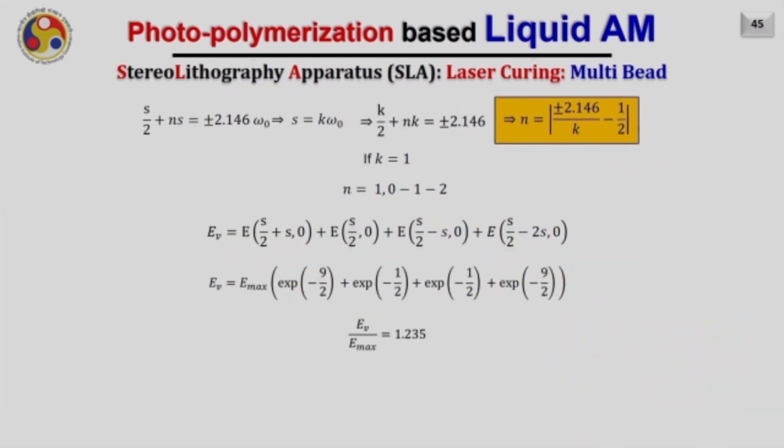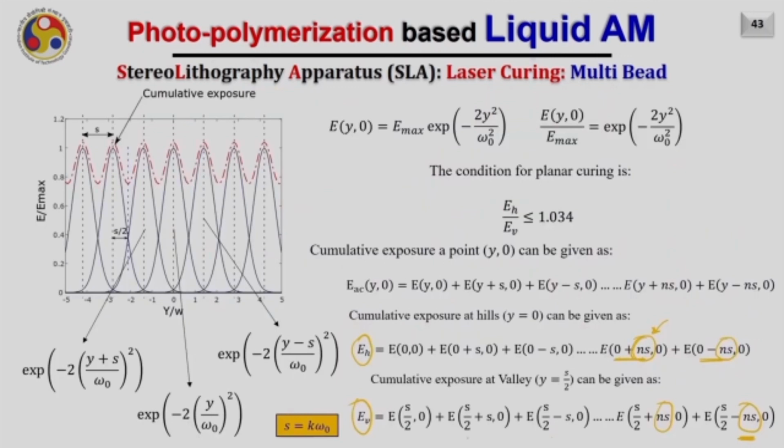In a similar fashion, you can find out the value of n when we are considering for valley. So, in the valley, the maximum value was s by 2 n plus s. You can see also, once again, this is the maximum value I am obtaining here, s by 2 plus n into s.